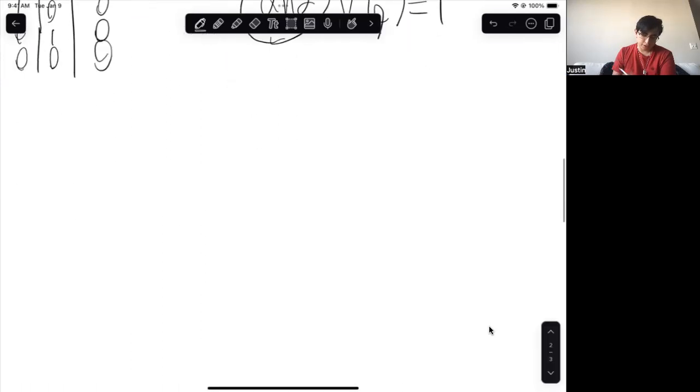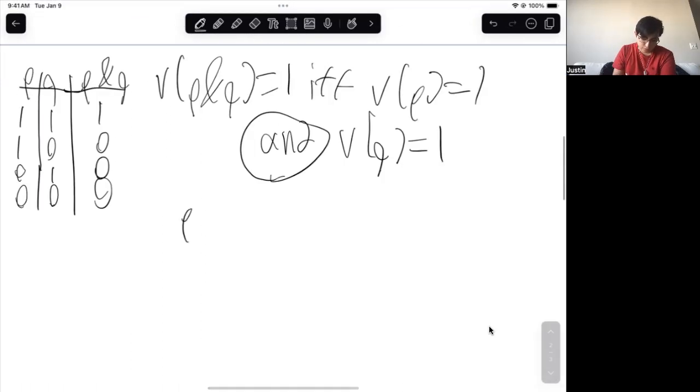And since this is an and statement, you stack them. So P and Q, P, Q.